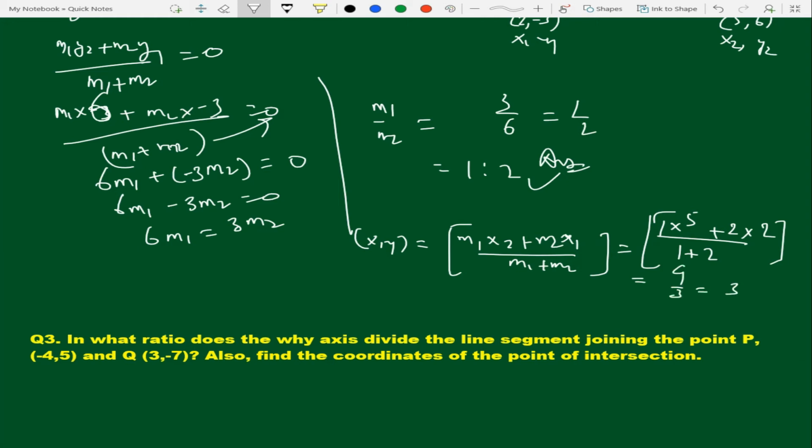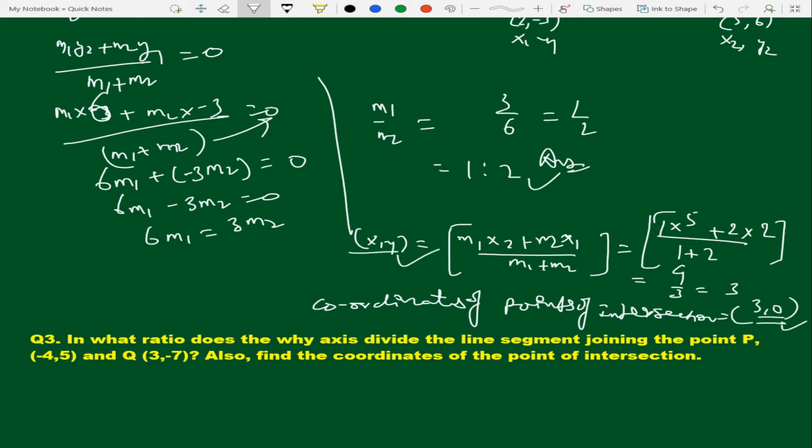The y coordinate is 0. So the coordinates of the point of intersection are (3, 0).